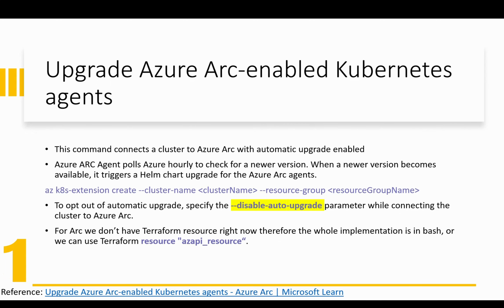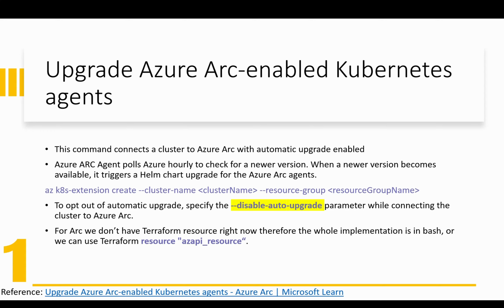Another point that we should consider is the Arc agent. When we are connecting a Kubernetes cluster instance to Azure Arc, an agent will be installed on the Kubernetes cluster, and we should take care to keep it always up to date.